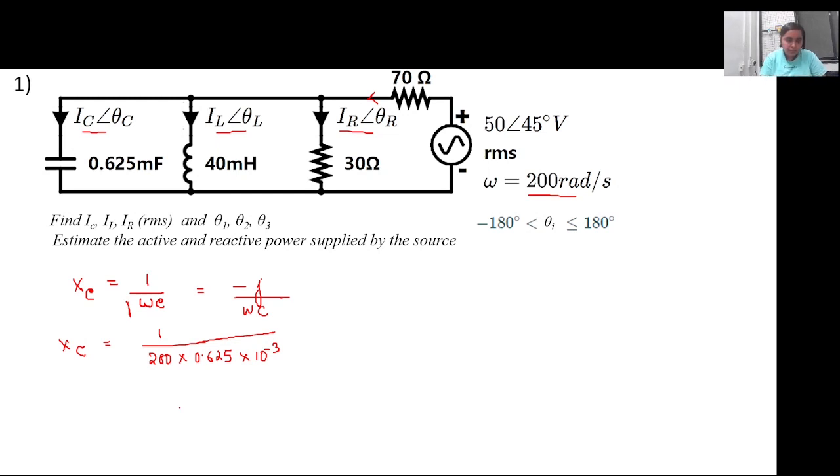So let's calculate this. 0.125. So if you just simplify this, 1 divided by 0.125 is 8.